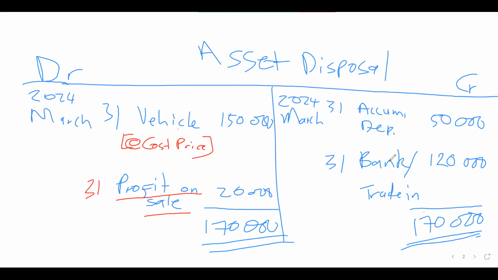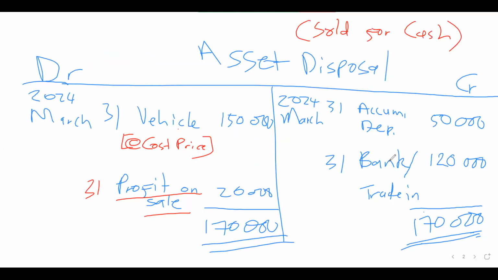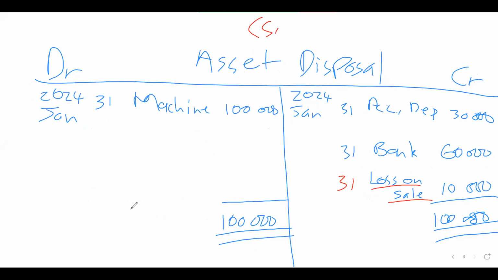There were examples where an asset was sold for cash. Are we together? Yes. All of them. So where the assets are sold for cash and there is a profit being made. I've also shown you a scenario where an asset is sold for cash, but resulting in a loss on sale.